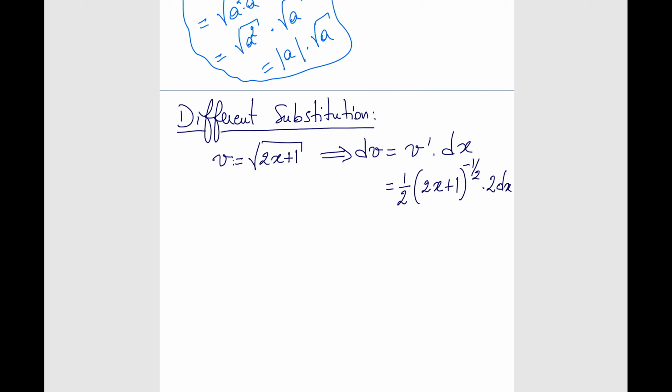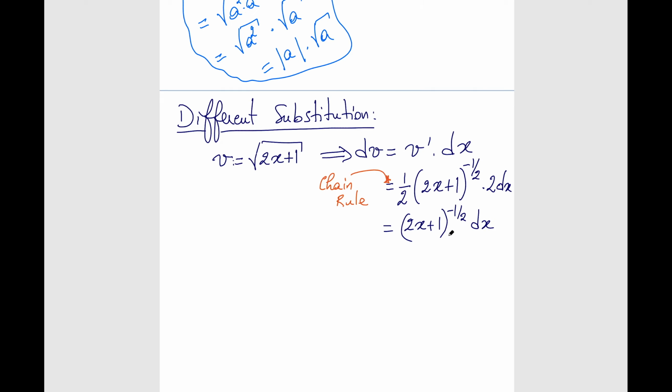And this is only the chain rule here, right? Half times 2 is 1. So this becomes 2x plus 1 to the power negative half dx.